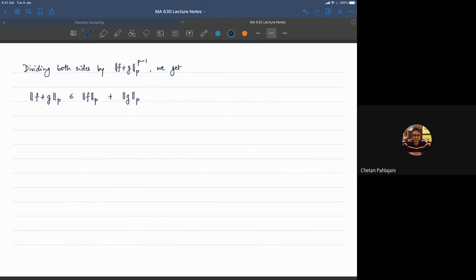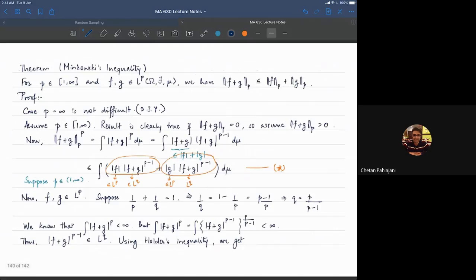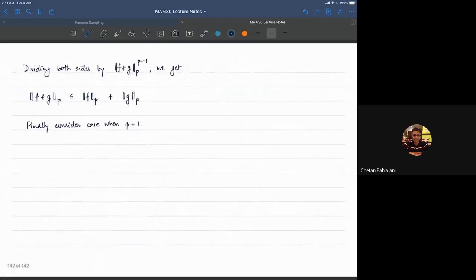Oh, by the way, one thing that was left was the case when p is 1. And this is actually quite straightforward, because basically I'll get norm f plus g in L1.